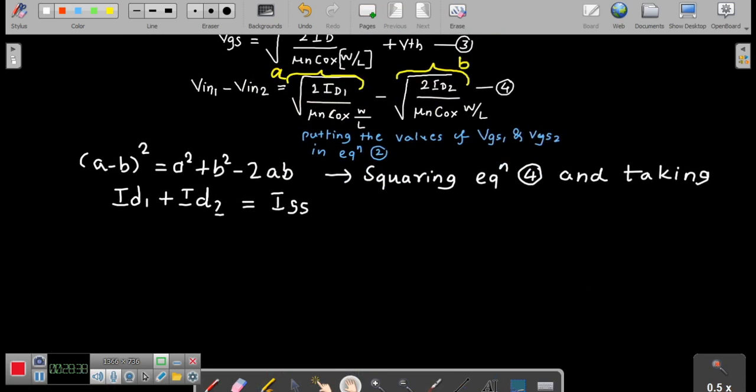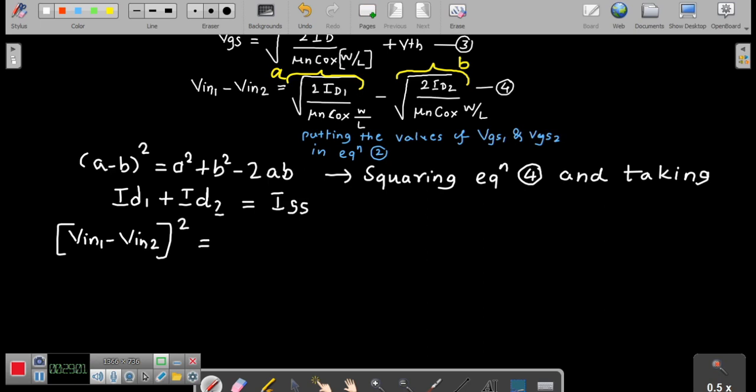So now when I do like this, I will be having some mathematical manipulation here, that is your Vin1 minus Vin2, Vin1 minus Vin2 whole square, because I have to square the entire equation.